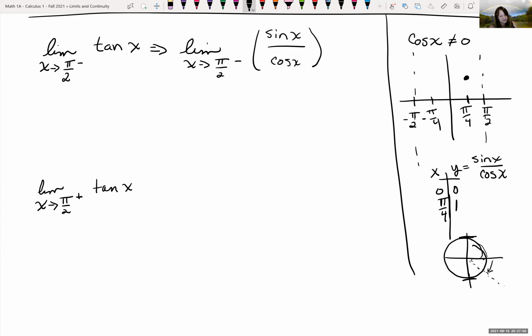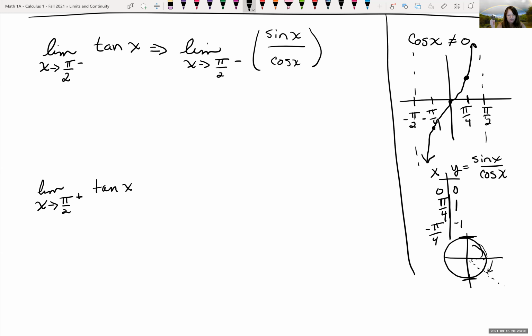My cosine is positive. So this is going to get me back negative 1. So at negative pi fourths, I have negative 1. Okay, so this is a kind of review on trig and how to graph. So I can figure out what my graph is going to look like and, based off of that, decide whether it is going to shoot off to positive infinity or negative infinity at those asymptotes.